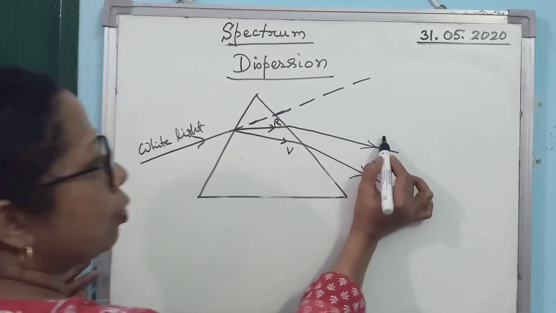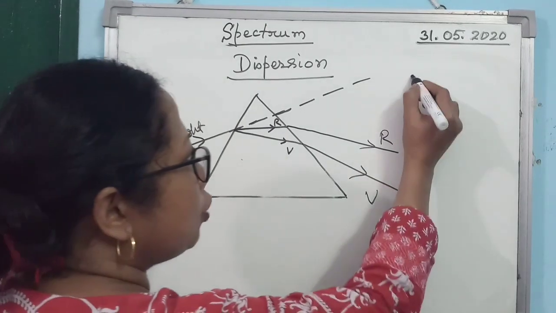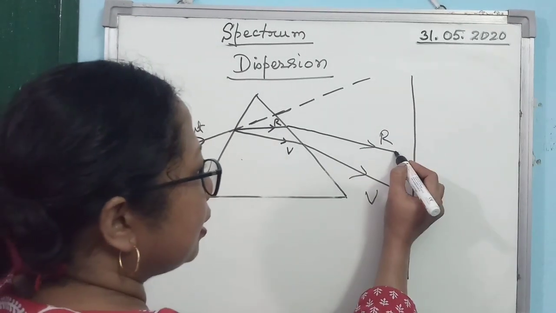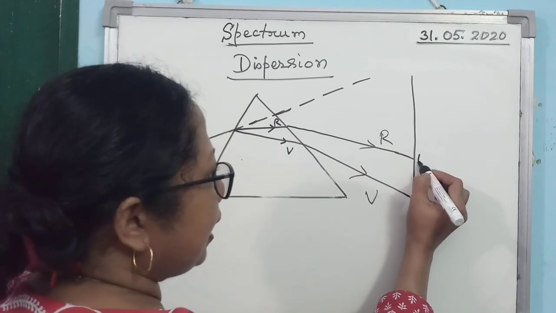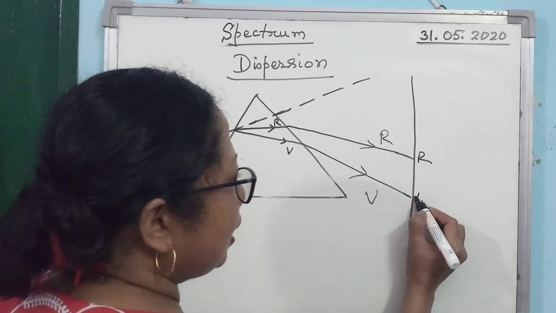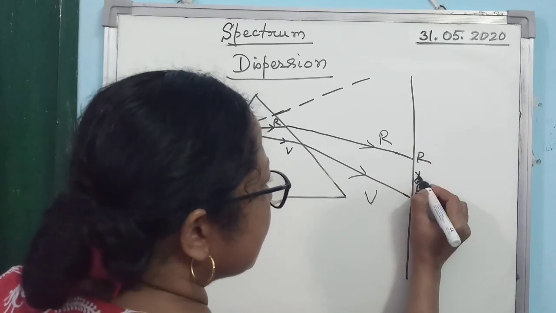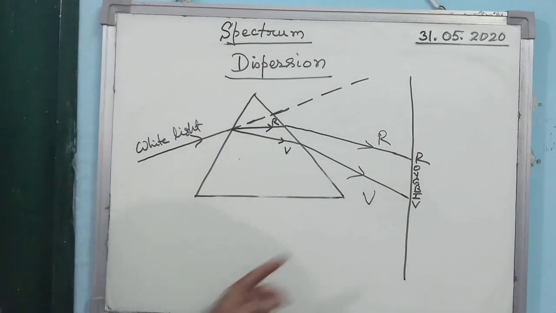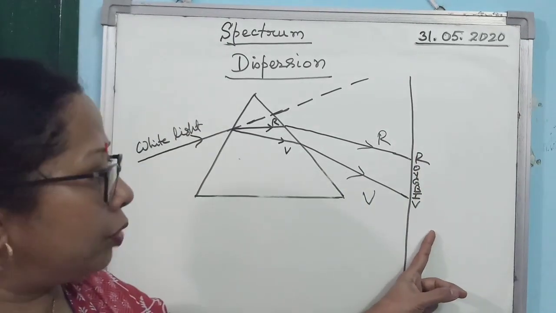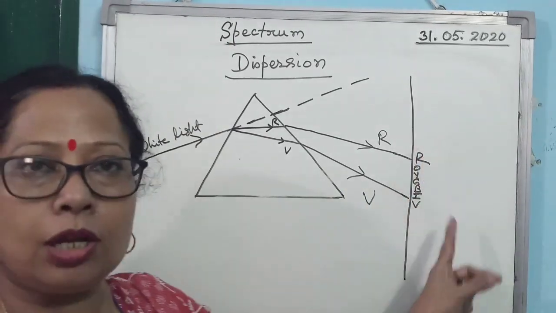So you see what is happening here. If you put a white screen, then what you will get? On the screen you will get 7 bands of colors. The 7 bands of colors are given by this one word VIBGYOR. Already all of you know.